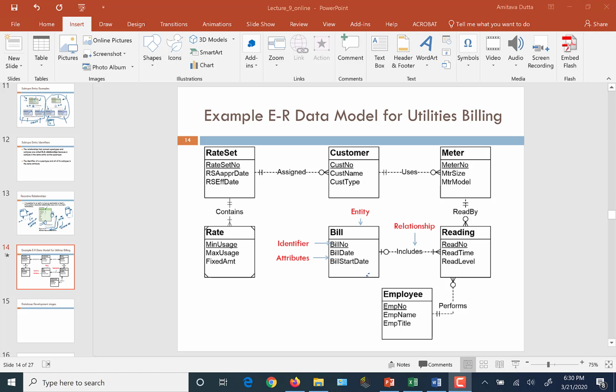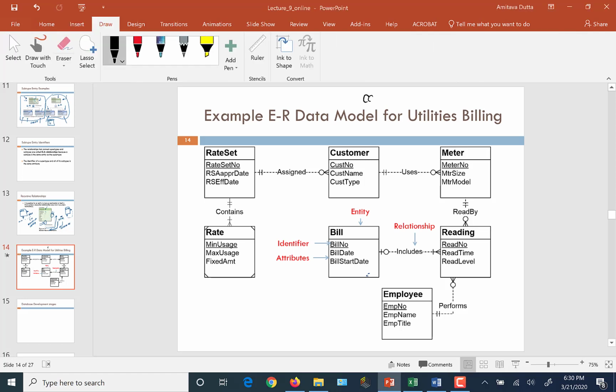So let me write that here, so you remember that. So this is a conceptual data model for some application.